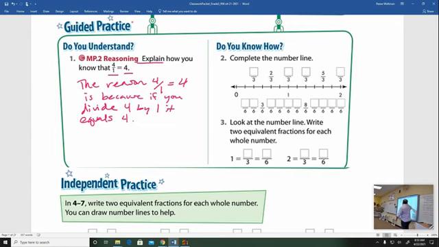So let's look at this number line right here. We have 2/3 here. We know that each section here is divided into thirds. That's the goal here, is that they're supposed to be divided into thirds, right? Because they're saying thirds. So we have one there, one here, one here, one here, and one here. This is one whole. This is two wholes on a number line.